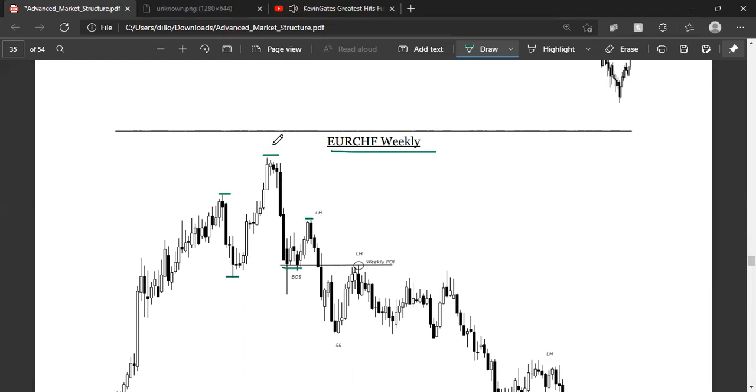We don't go any higher than this. And then price breaks to the downside, creating a new lower low. So we can wait for price to retrace back into this previous area of broken structure. And when it gets there, we go down to a lower time frame.